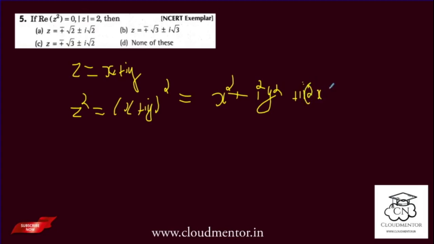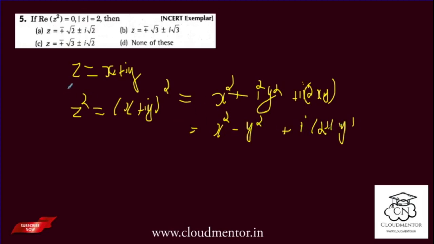That's the expanded form, and from this, since i square is minus 1, we can write x square minus y square plus i of 2xy. Here the real part is x square minus y square, and the imaginary part is 2xy.